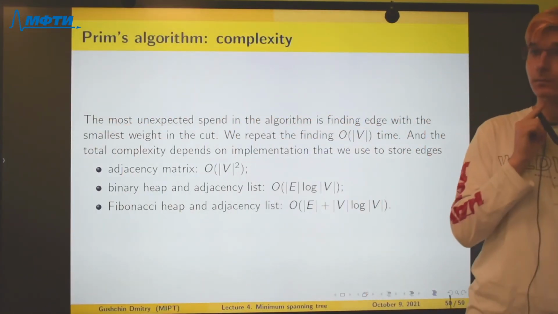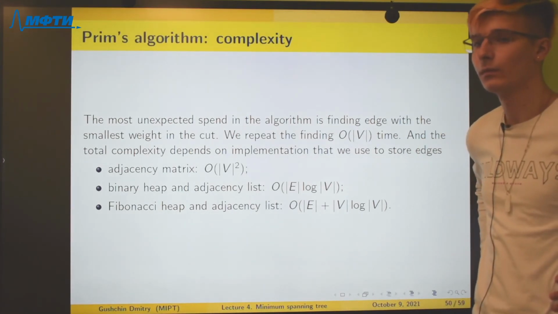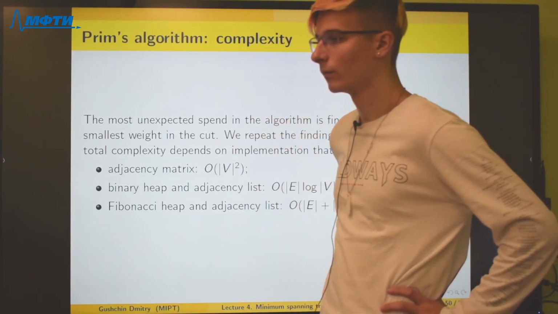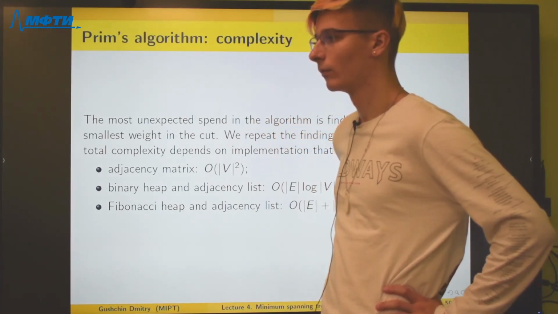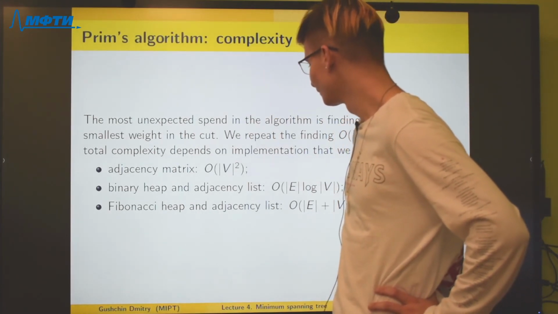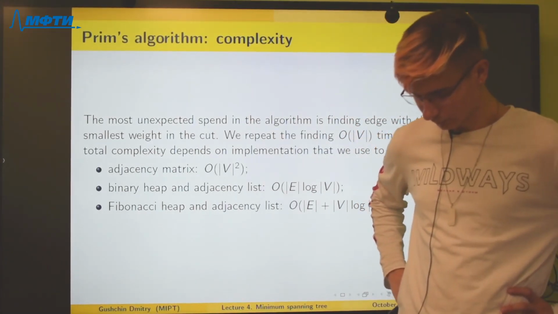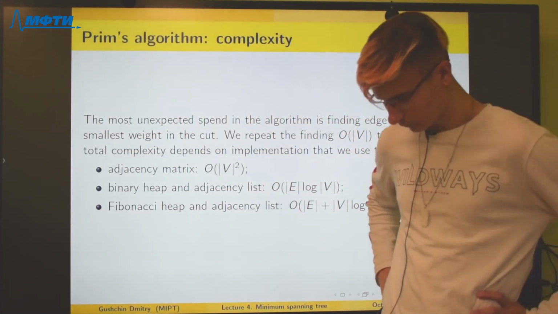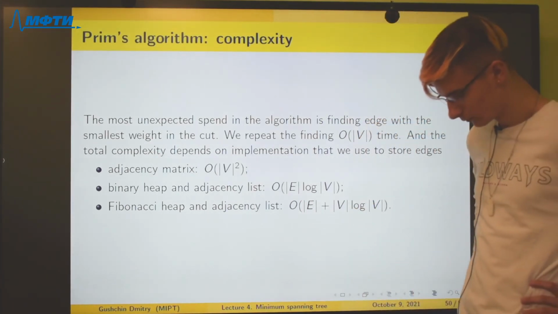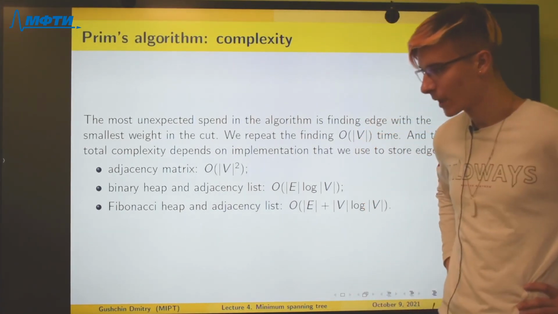We need to look at the edges. We use the adjacency matrix to find the smallest weight. The O of V squared is used to find the smallest weight.